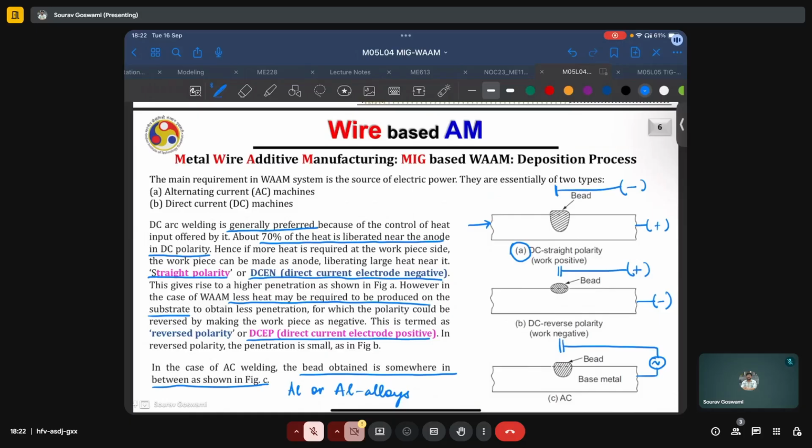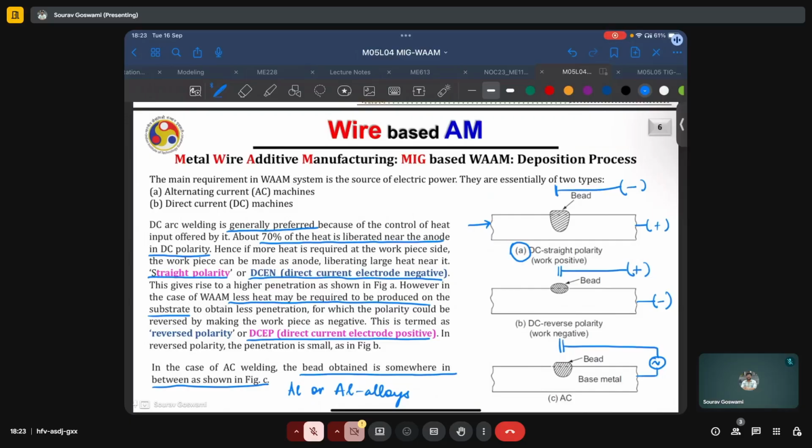When the current is again reversed, a similar effect transpires where now the wire is positive and the substrate is negatively charged, and again from the base metal, electrons are attracted towards the wire, and they may be able to again break through the oxide layer and thus improve the build quality and remove the contaminant oxide layer which forms.